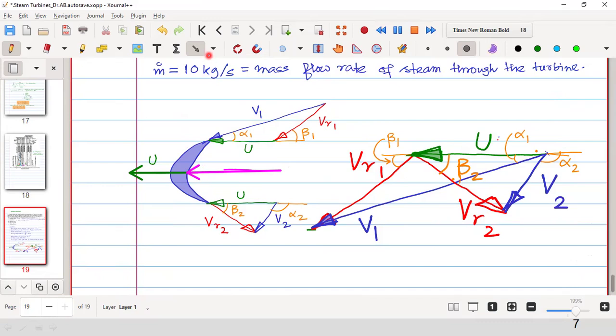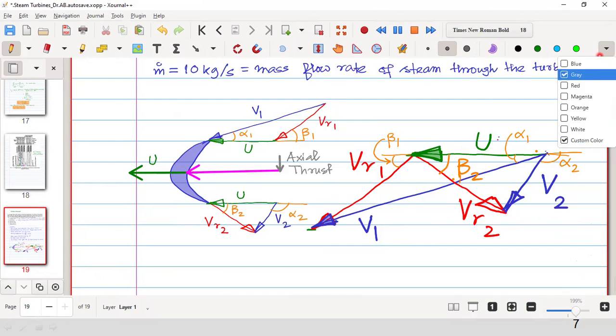So these are the two things there. Gray, it is axial component of force, axial thrust. And the magenta color, it is the tangential or the wall component. This is tangential thrust.